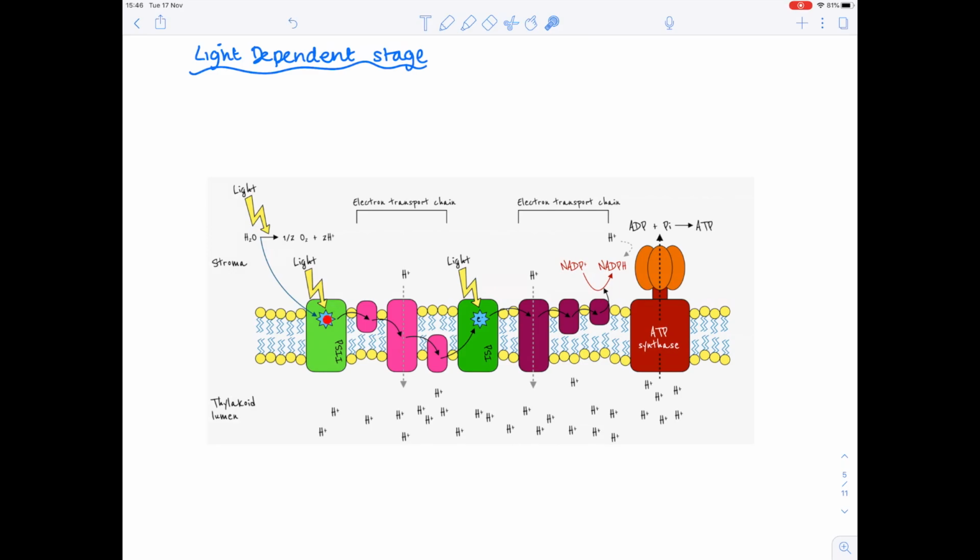As I've already discussed, those electrons enter photosystem 2, and then the absorption of light causes photoionization of the chlorophyll found at photosystem 2, meaning that those excited electrons get released into a series of proteins that we can see here in pink, and they release energy as they are passed along this electron transfer or electron transport chain. Now these proteins use that energy to pump hydrogen ions, protons, which remember were produced by the photolysis of water up here, from the stroma into the thylakoid space or thylakoid lumen.